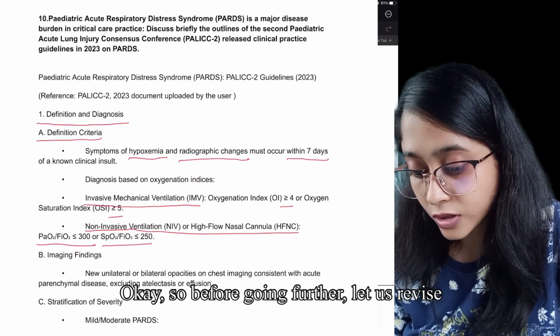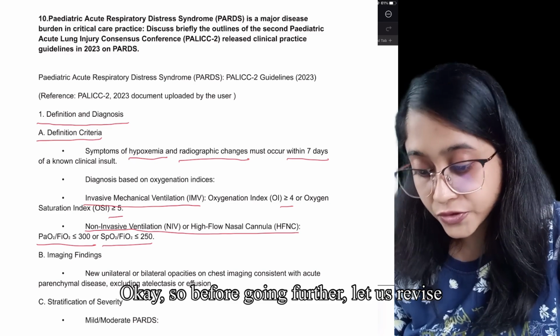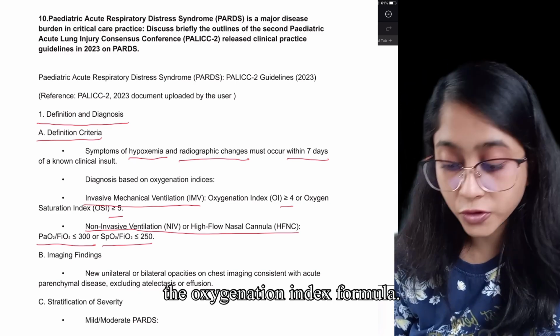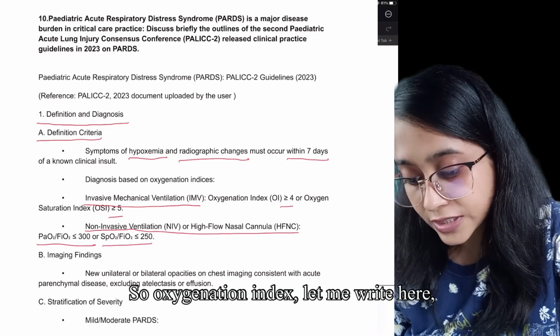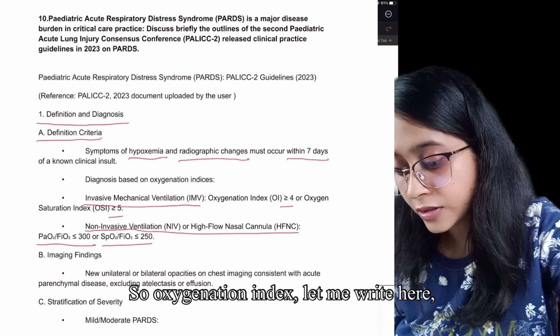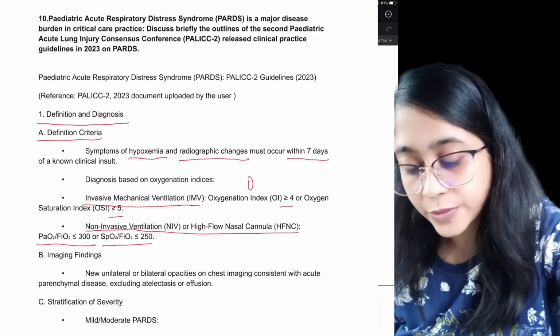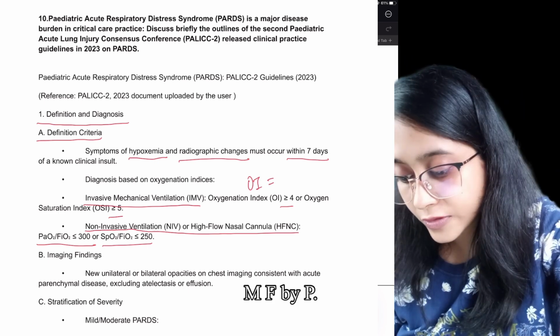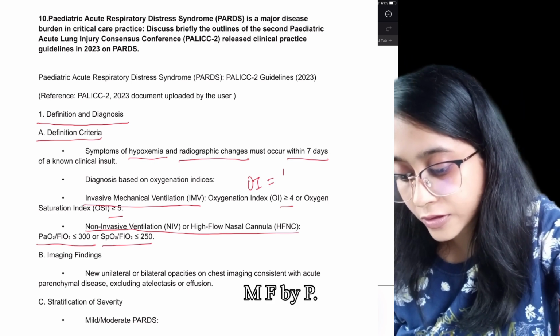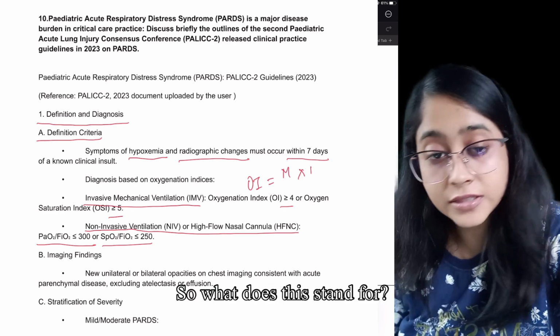Before going further, let us revise the oxygenation index formula. Oxygenation index OI is equal to, we can remember it as M F by P. So what does this stand for?